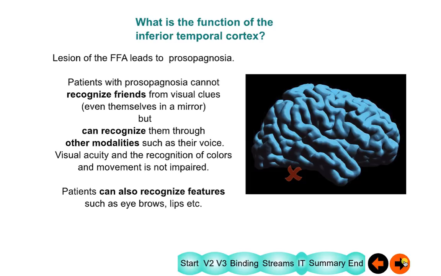Now, when people have lesions here, they have something called prosopagnosia. Remember, before we had agnosia, that's an inability to recognize anything, any kind of object. Now we have prosopagnosia, which means we can't recognize faces.